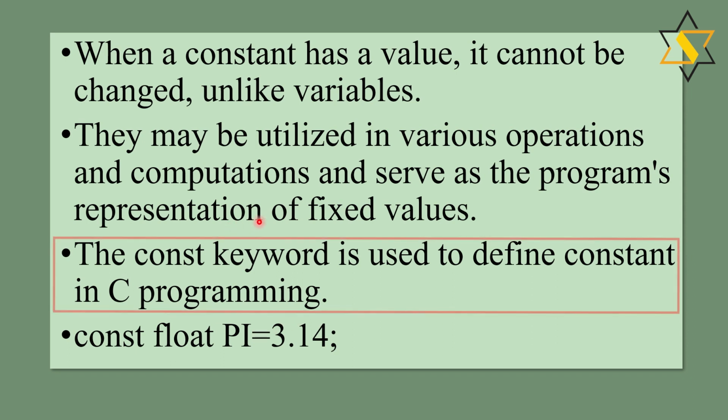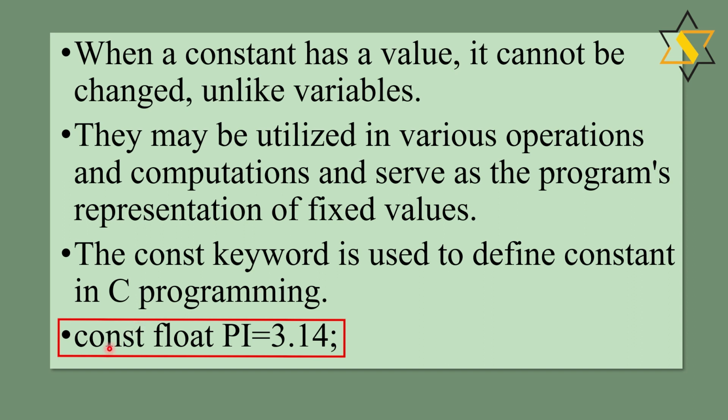const is one of the keywords already used in C, so you can't use const as a variable name. While using const, this is the example. For example, in mathematics, if you want to find the area of a circle, I require the pi value, which is a constant, 3.14.